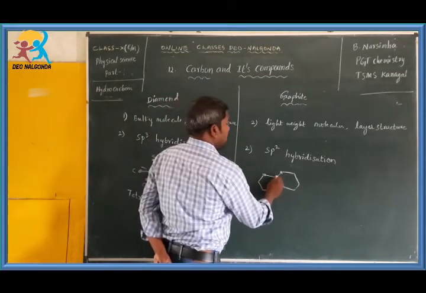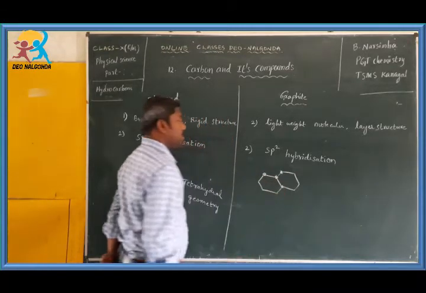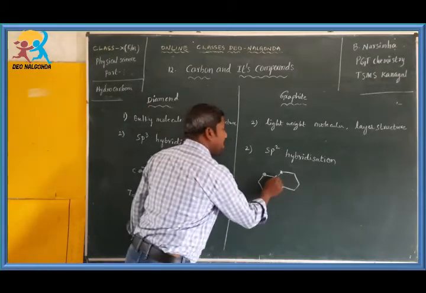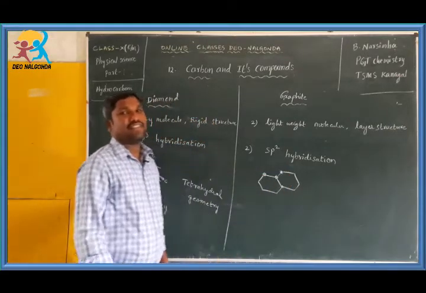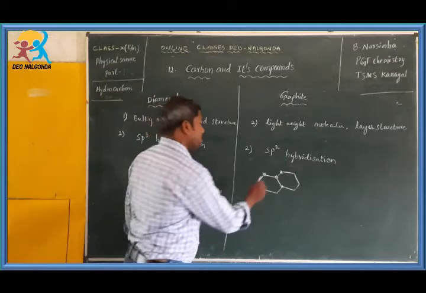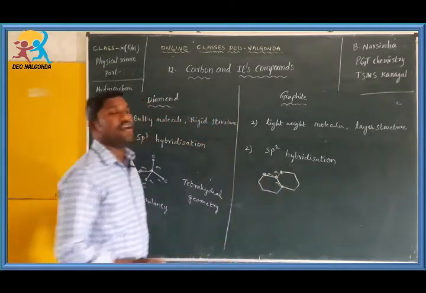The central carbon atom is attached with 3 other carbon atoms. Each carbon atom is attached with 3 other carbon atoms. Therefore, 3 sigma bonds, 3 covalent bonds are formed in graphite.